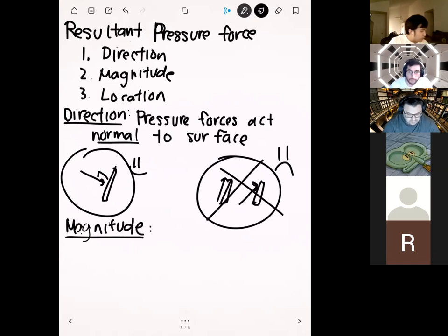Okay, so next let's talk about magnitude. This is going to be a little more complicated, because we can't just multiply a pressure by an area. The reason is that the pressure force is going to change as we go along the surface.